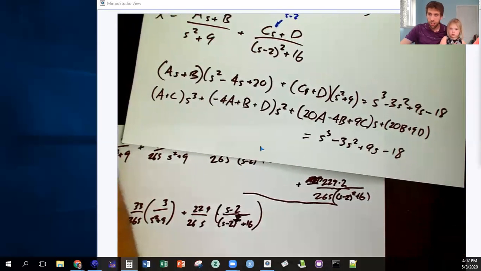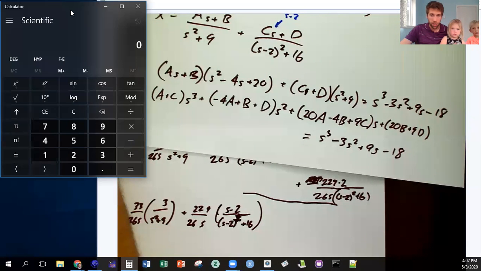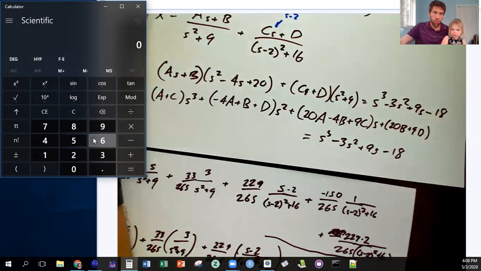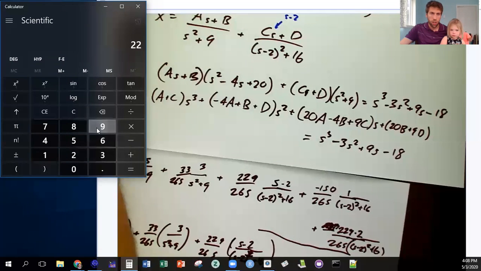Okay. There's the calculator. And then we need to do, we've got a positive 229 times 2 and subtracting 150. So 229 times 2 minus 150 equals 308, which you knew all along, didn't you? Yeah, of course you did.